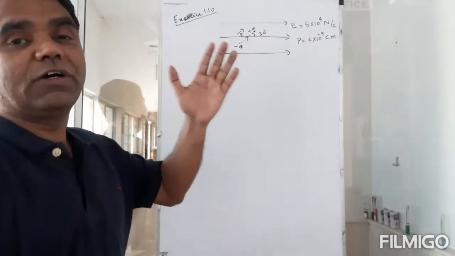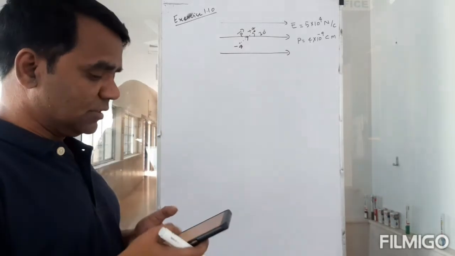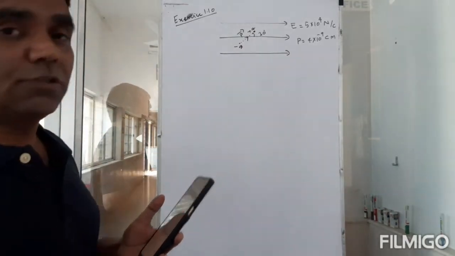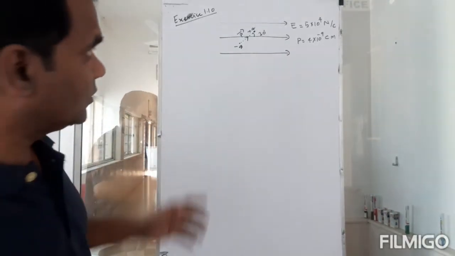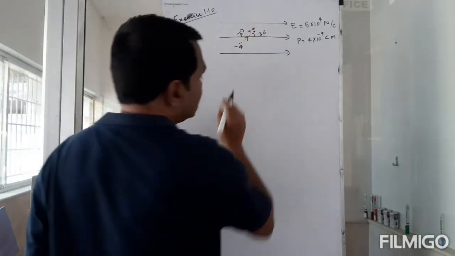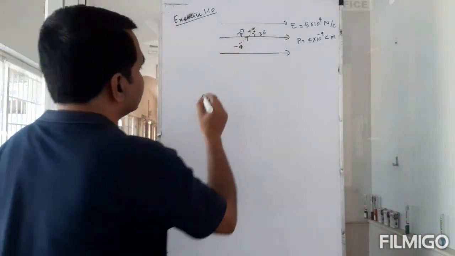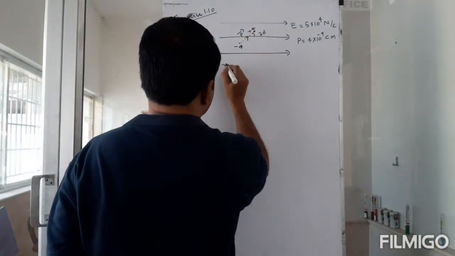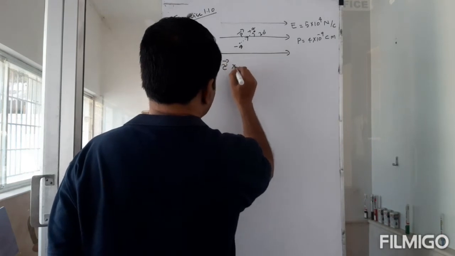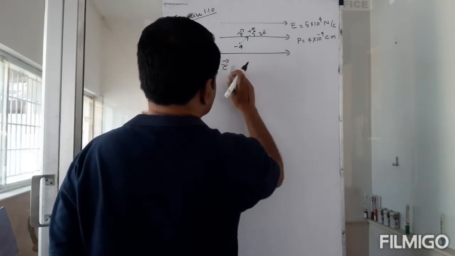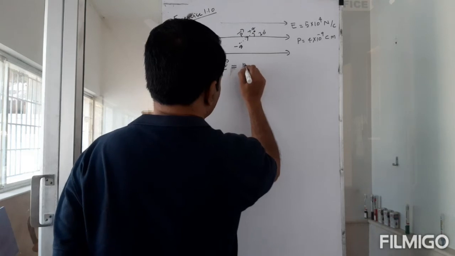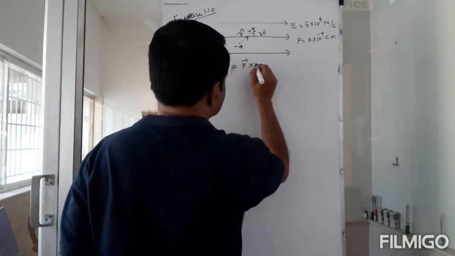Now they want you to find the torque acting on the dipole. Okay, so what do we know? We know that the torque acting on the dipole at any given moment is given by the expression tau is equal to P cross E.